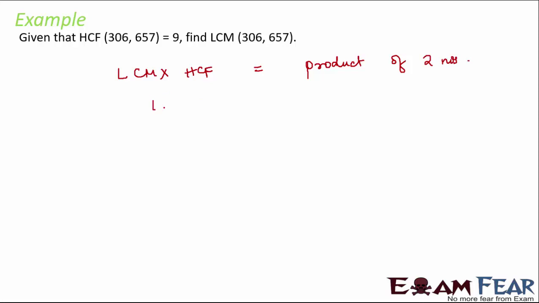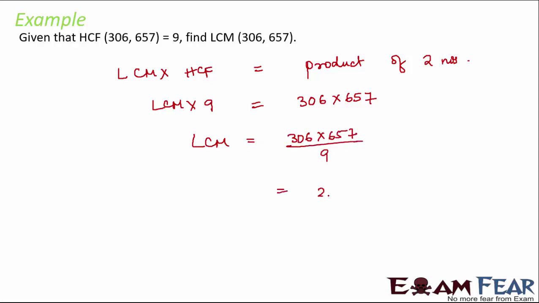So that means LCM into HCF, which is 9, is equal to 306 into 657. So therefore, LCM will be equal to 306 into 657 divided by 9, which is equal to 22338. So that's the LCM.